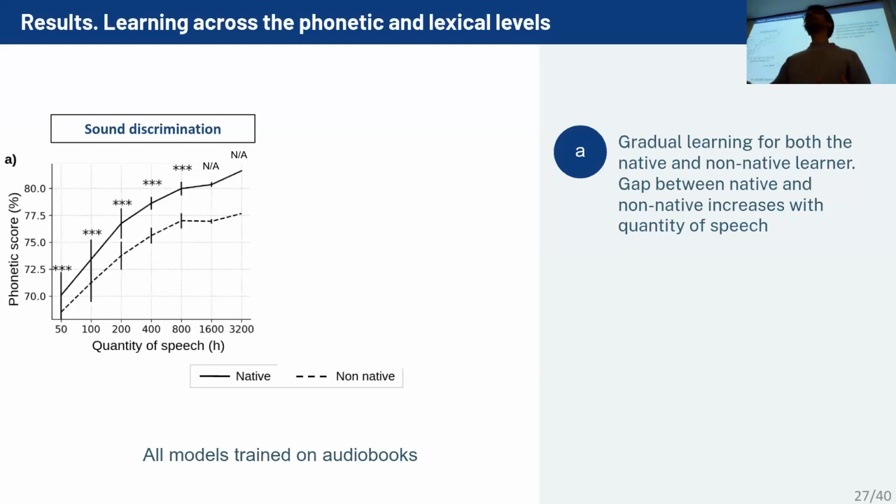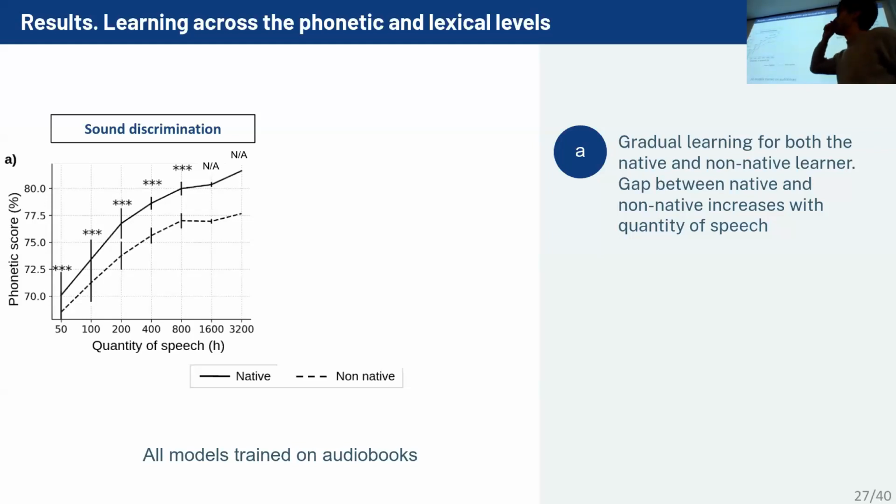So being exposed to English helps you better discriminate French sounds as well, and vice versa, which makes sense given the high number of common sounds across these two languages, and because we are looking at quite low-level language capabilities.